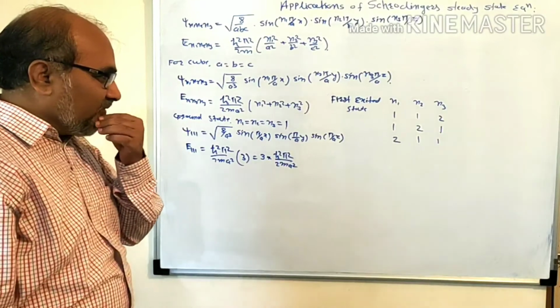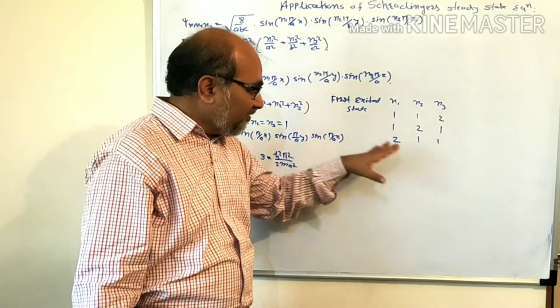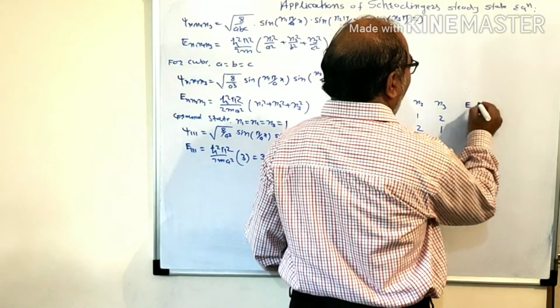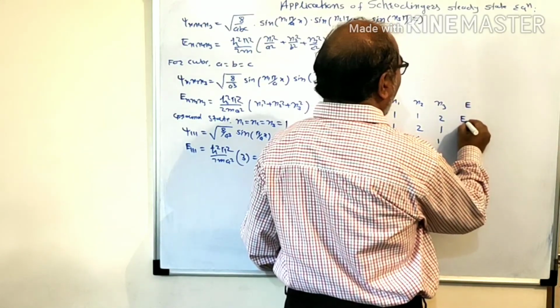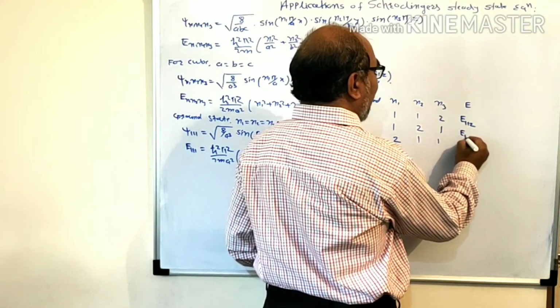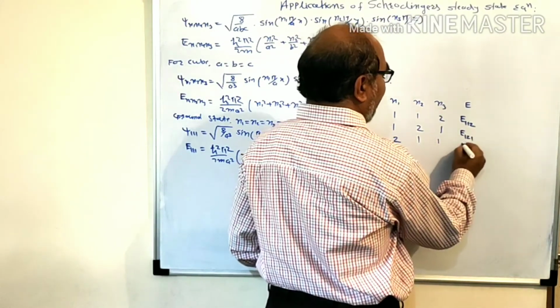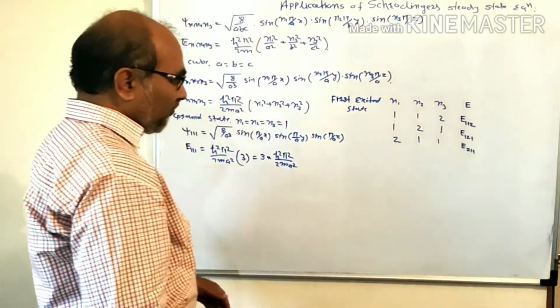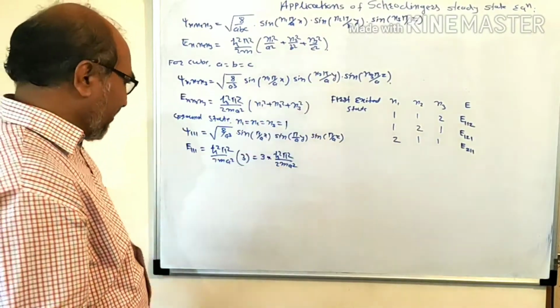And we find out the corresponding energy first. So this is E112, here E121, and here energy E is equal to 211. I will show the first case here.